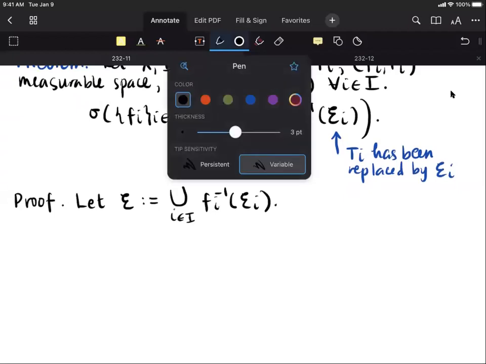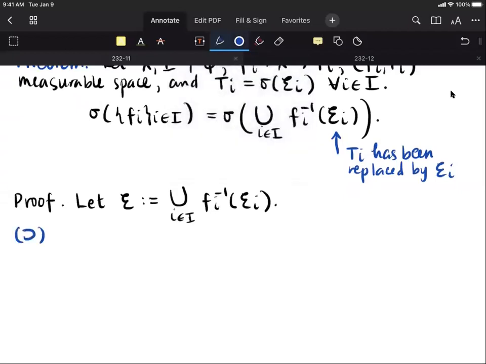The first step is to show this inclusion, that the right-hand side is a subset of the left-hand side. Now, since E is a subset of the union of the inverse images of the sigma algebras T sub I, it follows from the fact that E sub I is a subset of T sub I. And recall that this is by taking the sigma algebras.